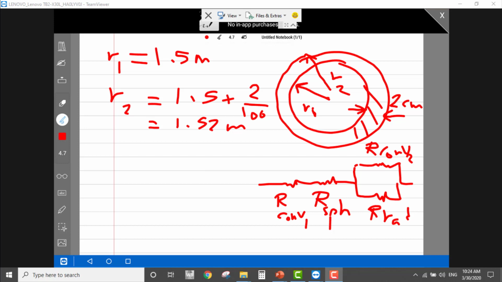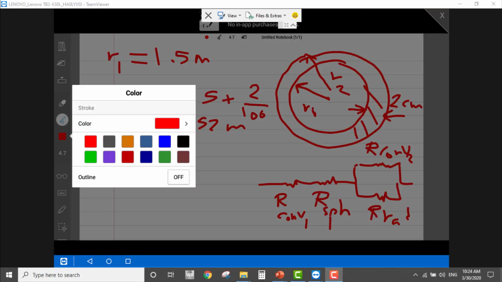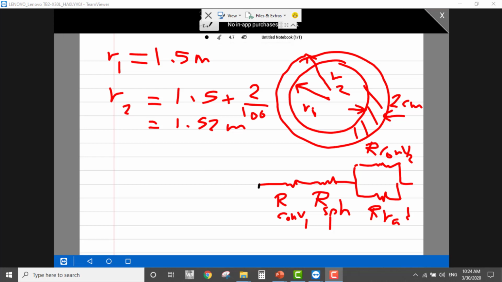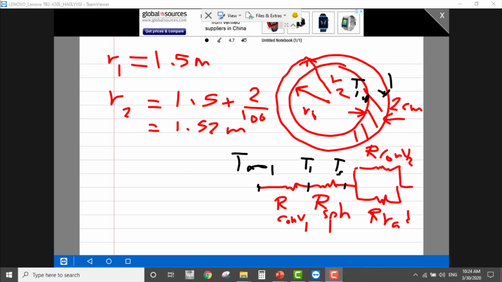Okay, what else on this resistance network? We have here T infinity 1, and here we have T1. Here we have T surface. And here we have T infinity 2.